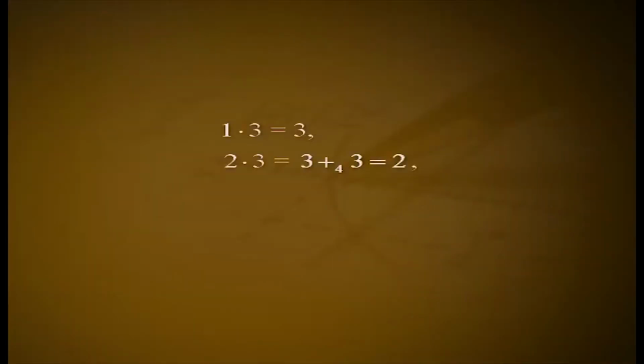We have the subgroup generated by 2 is equal to the set consisting of 0, 2, which is a proper subgroup of Z4, showing that 2 is not a generator for Z4, but the set {0, 2} is a cyclic subgroup generated by 2. Consider 3 belonging to Z4. Then 1·3 is equal to 3, 2·3 is equal to 3 addition modulo 4 3, which is 2, 3·3 is equal to 2 addition modulo 4 3, which is 1, 4·3 is equal to 0, and so on.